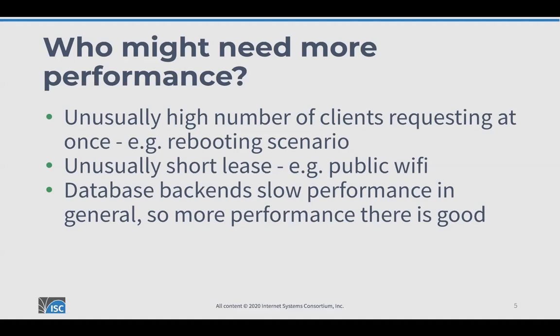The other example is a very large campus with lots and lots of clients. If you think of the typical work day back when people actually went into the office, and will again at some point in the future, if you have folks coming in at around the same time per day, then often those clients will need to get lease information at a certain time. So you have these peak scenarios.